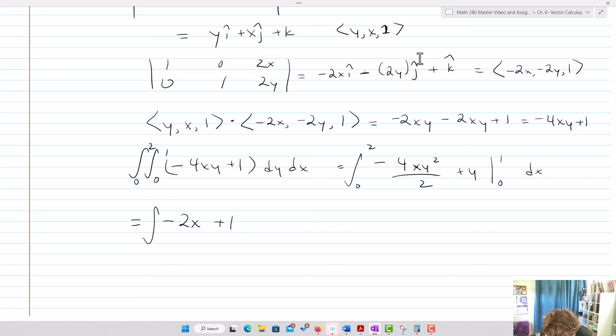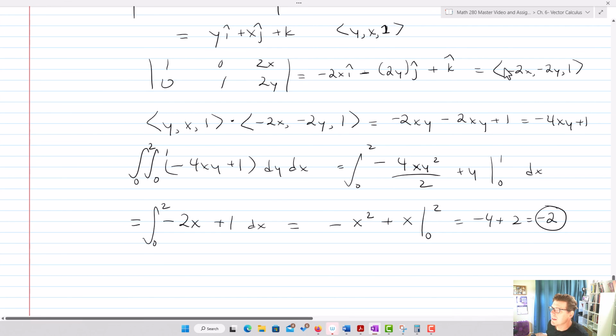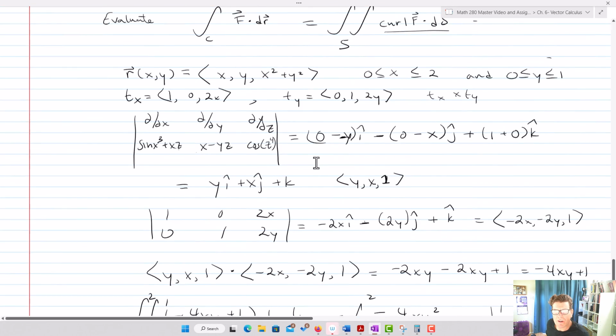We'll evaluate that from 0 to 2 dx. And that'll then equal negative x squared plus x evaluated from 0 to 2. That equals negative 4 plus 2, which equals negative 2. And that ends up being the value for our line integral.